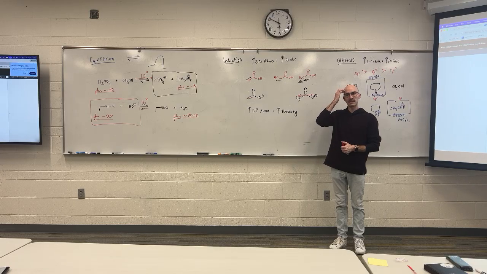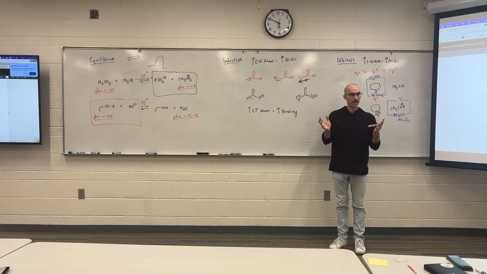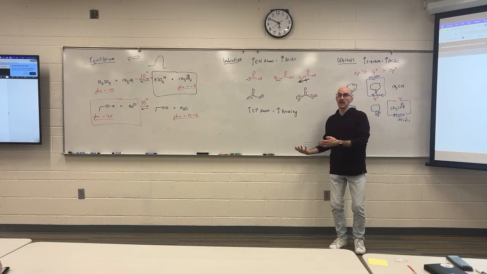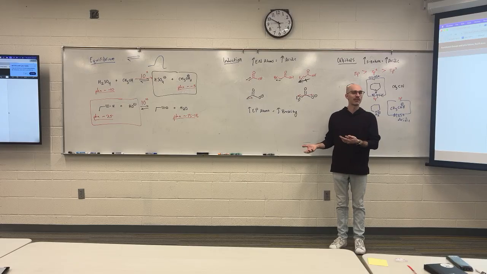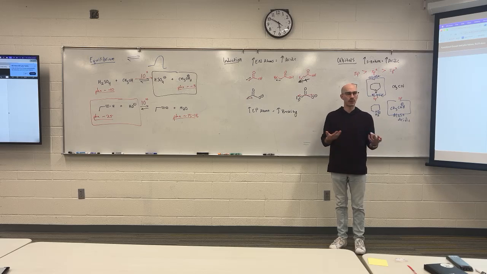The other thing about this equilibrium is that sometimes it is 50-50. It can be very close to acidity on both sides, which means you risk reactions just staying incomplete. You'll never get 100% conversion in your reaction because there's always that chance of a reverse equilibrium.